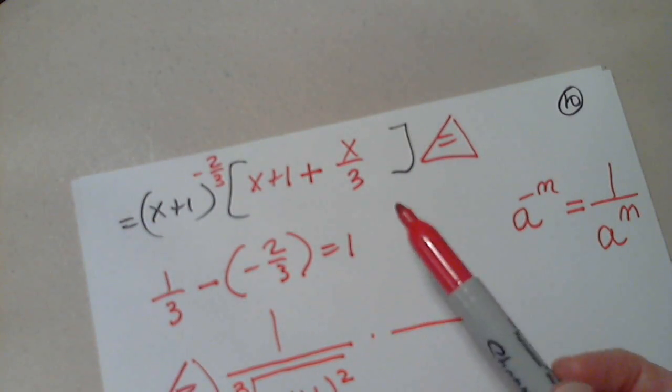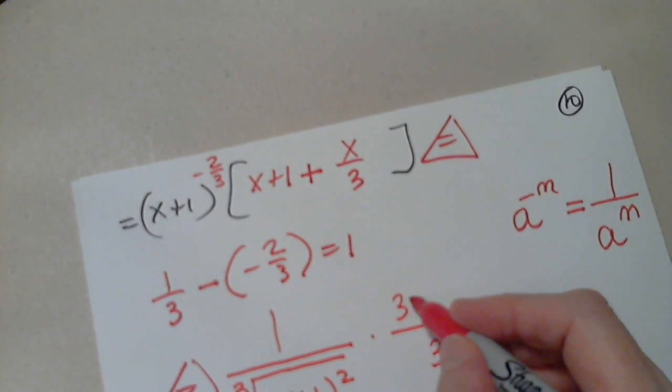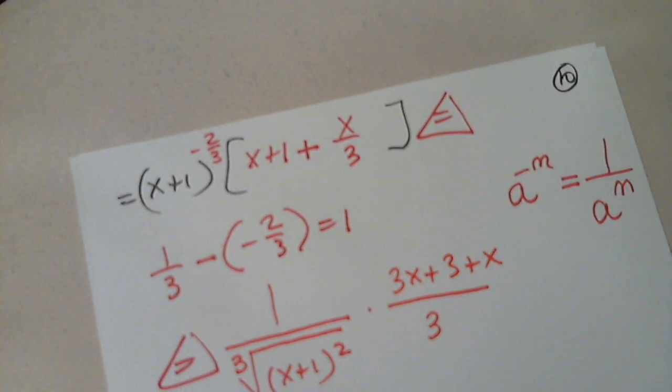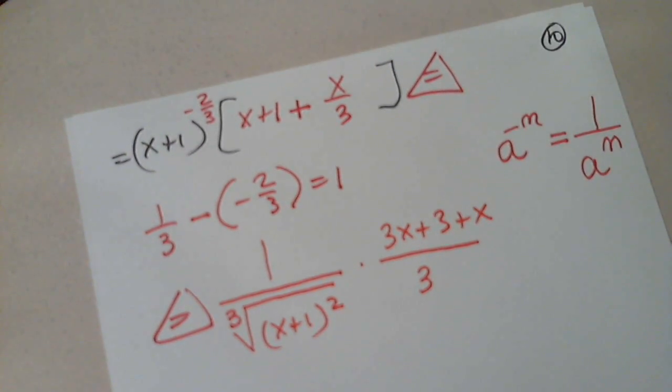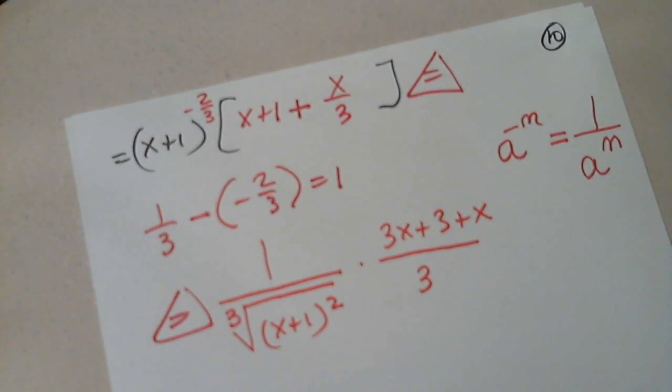The same step, right? So we have 3, and this is 3x plus 3 plus x. Do you all agree with this? Can we not just leave it as x plus 1 plus x over 3? Yes, because eventually in calculus you will set this equal to 0 and you will have to solve it. Very good question.